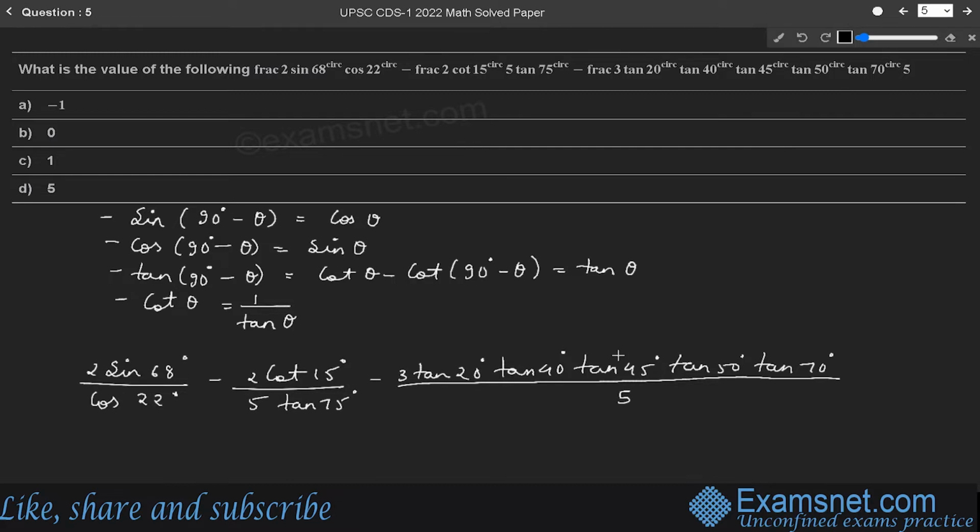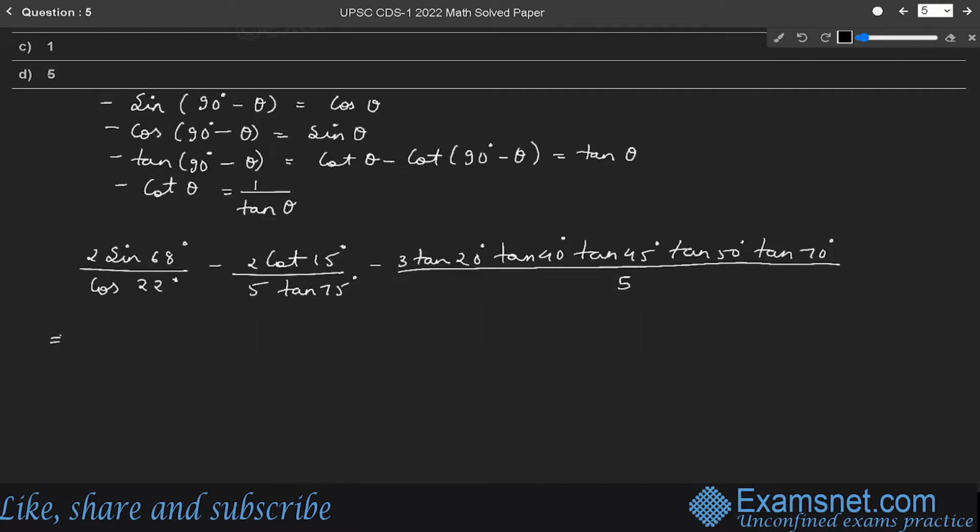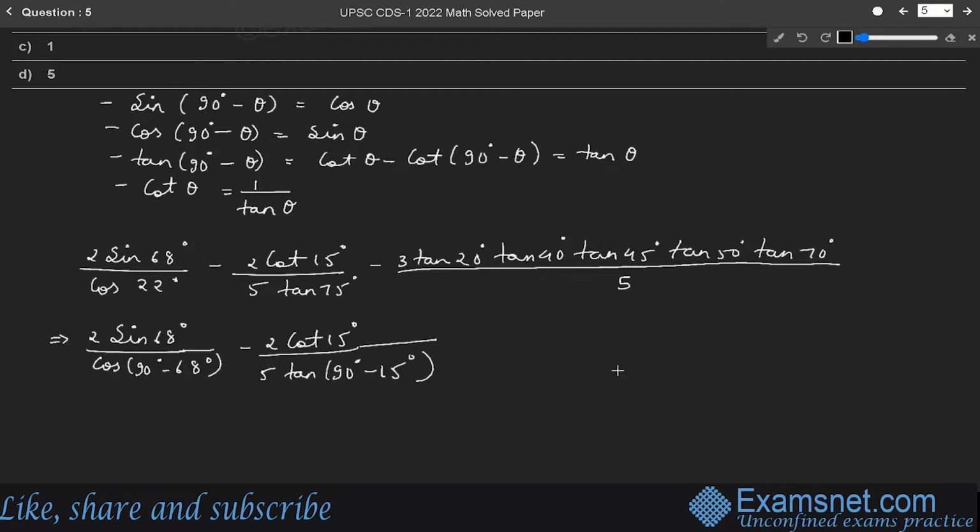On further solving, it will be equal to 2 sin 68 degrees upon cos(90 minus 68) degrees. We know that cos(90 minus theta) is sin theta. Minus 2 cot 15 degrees upon 5 tan(90 minus 15) degrees, because we know that tan(90 minus theta) is cot theta.